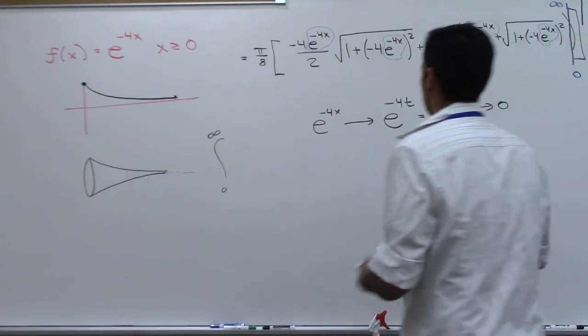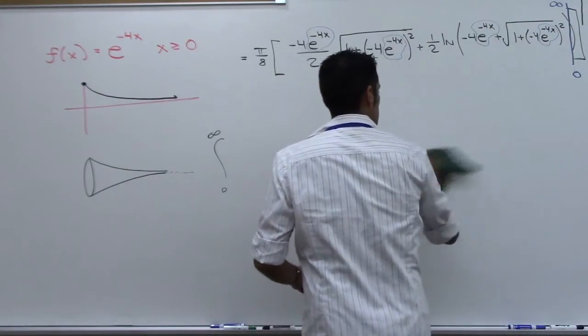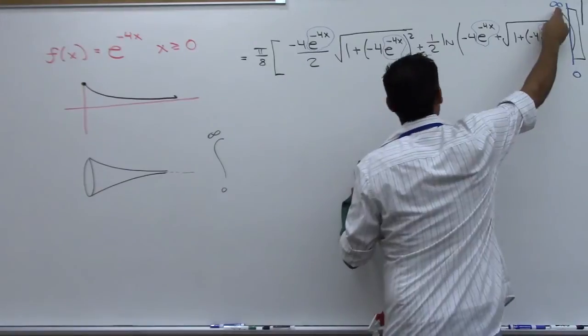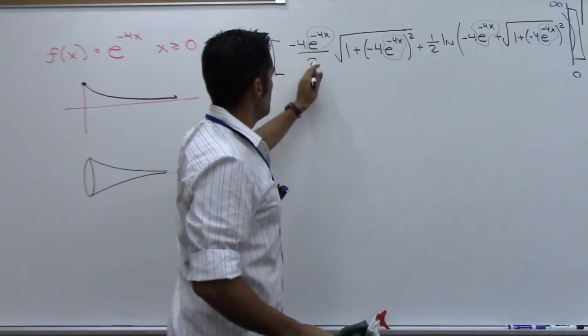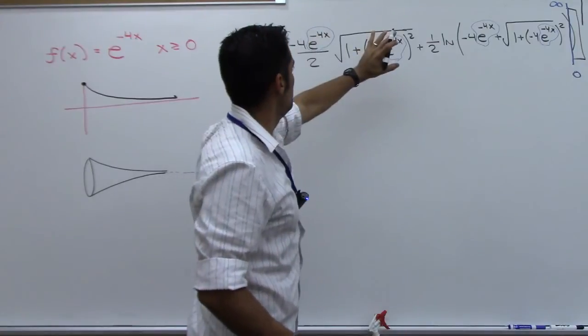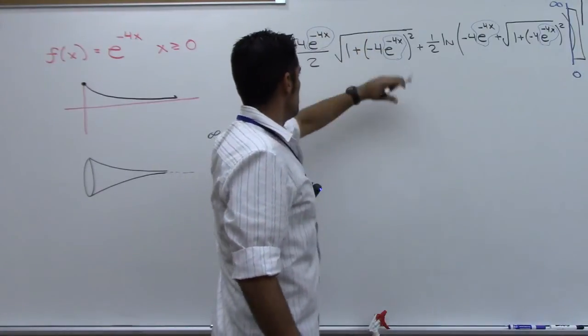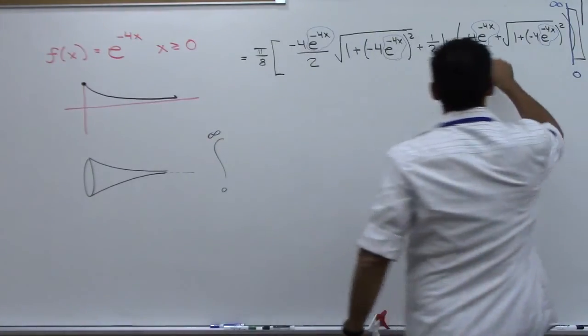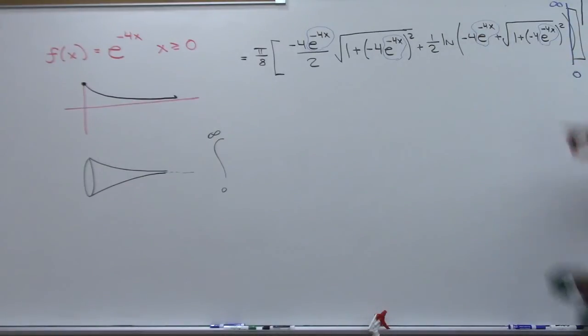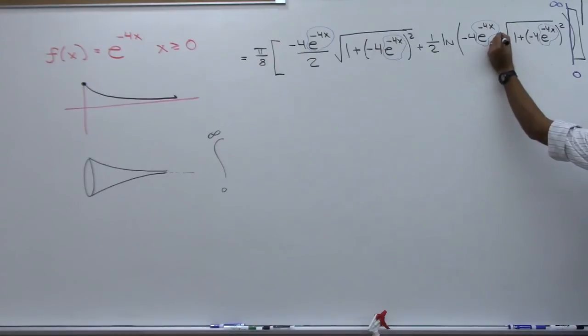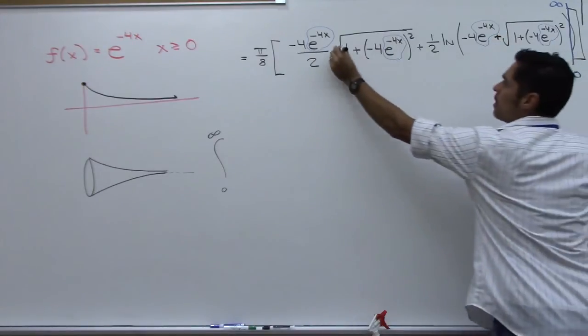So let's see how that changes things here. Okay, so plugging in infinity, this piece right here goes to 0, 0 over 2. That 0 should kill all this off. So this is all dead. And then if I plug in infinity here, that goes to 0. And then notice here, this is kind of interesting. This is addition, right? So we have to be careful. Over here it was multiplication.